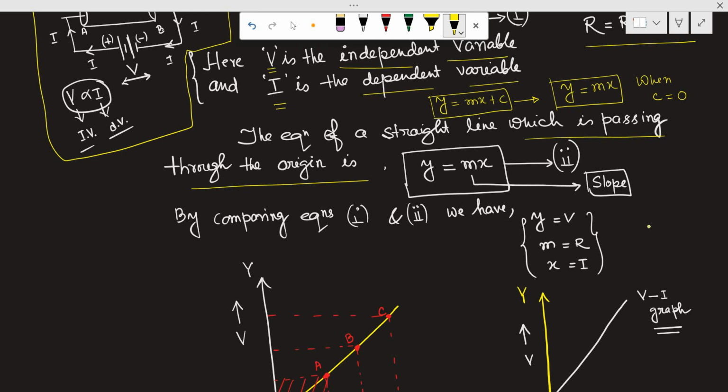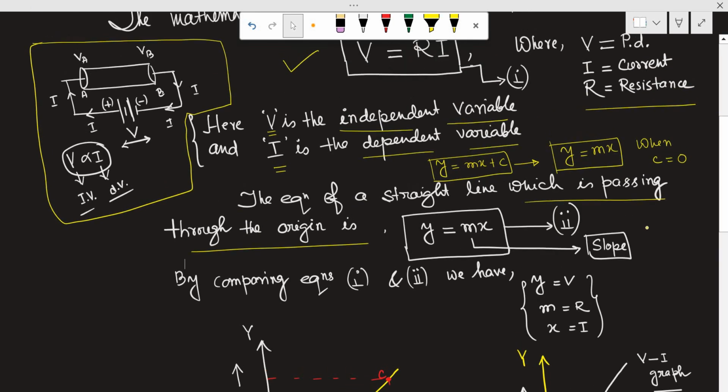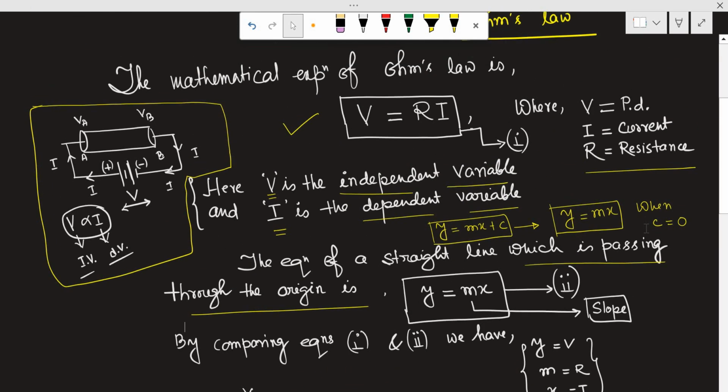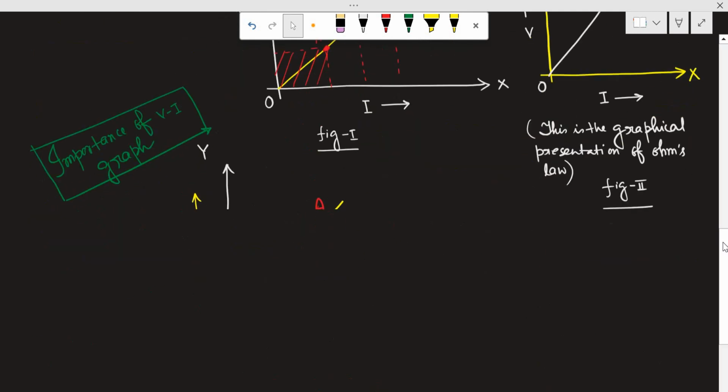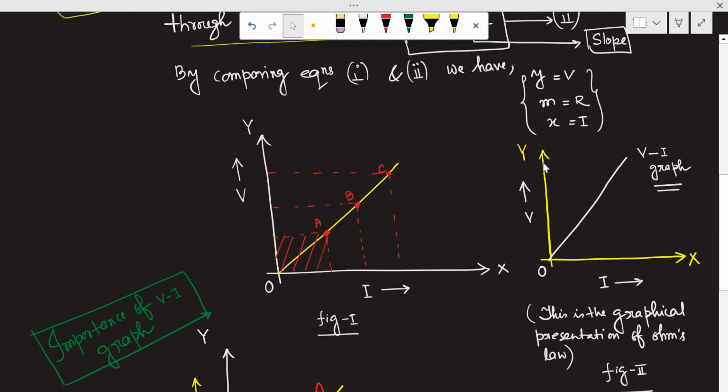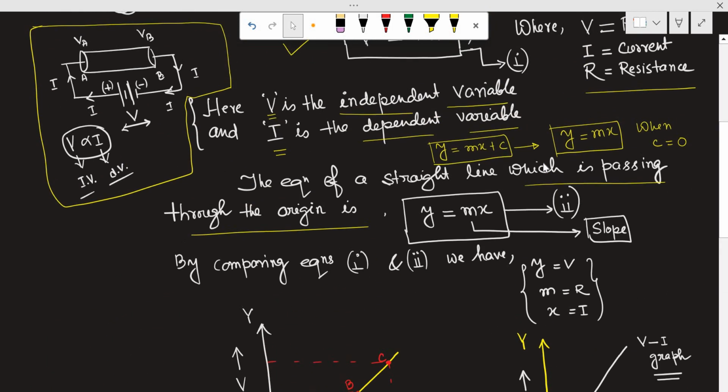Now we are doing a comparison between equation 1 and 2 for plotting the variables along the x-axis and y-axis. Without comparison, it is very difficult to say which quantity should be plotted on the x-axis and which on the y-axis.